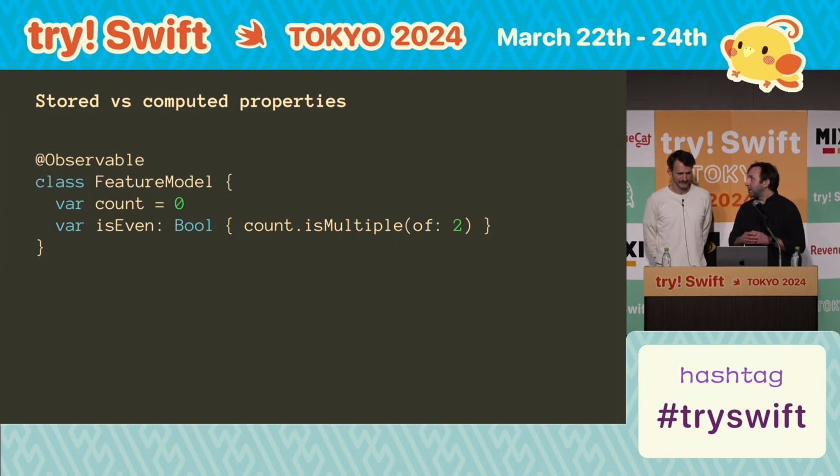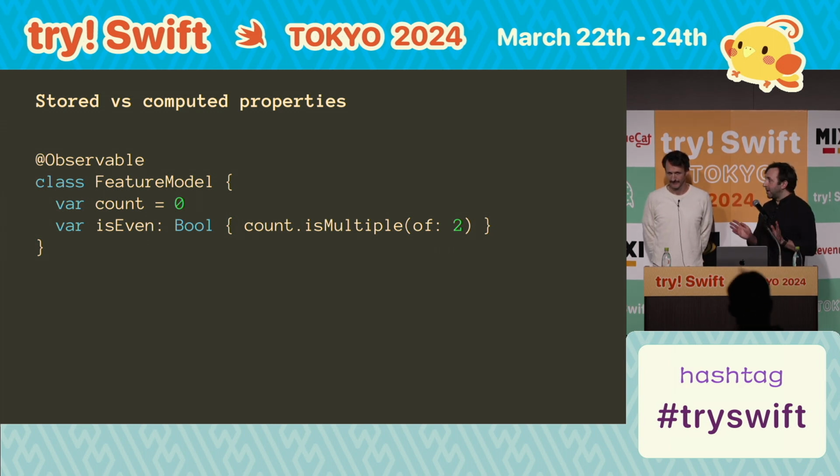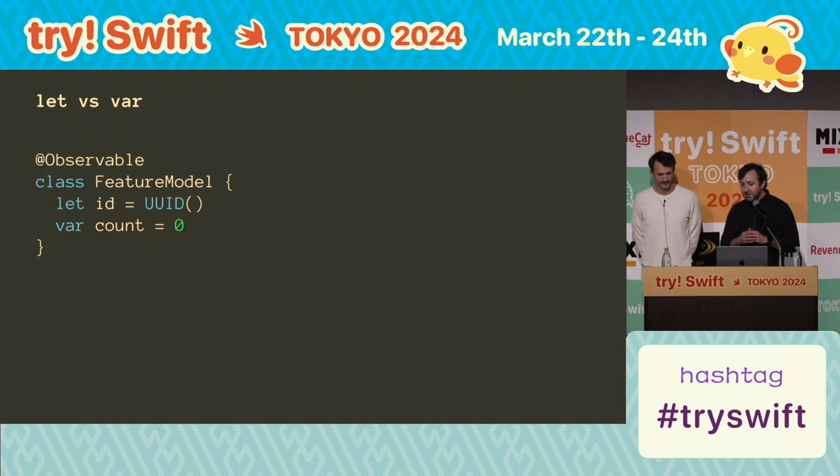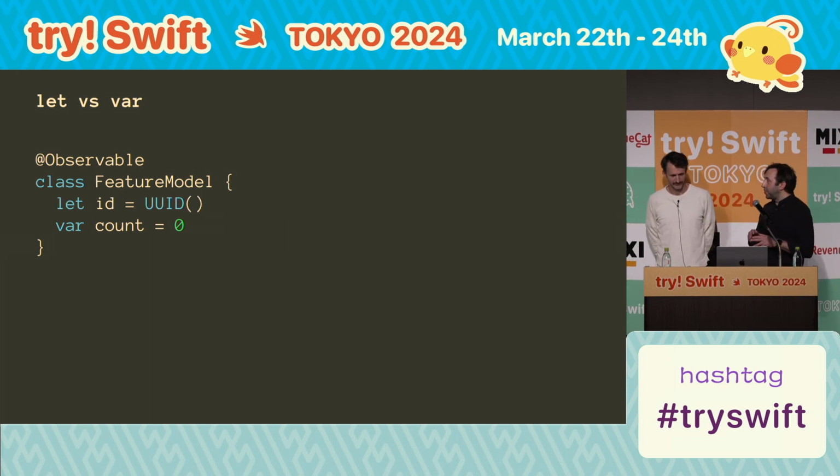For example, the Observable macro needs to be careful to only transform stored properties of the class and leave computed properties alone. If it tries to expand additional code for the isEven computed property, it will generate invalid Swift code. And likewise, extra care has to be taken with let variables versus var. If it were to expand the let with get or set accessors, that would also be invalid Swift.